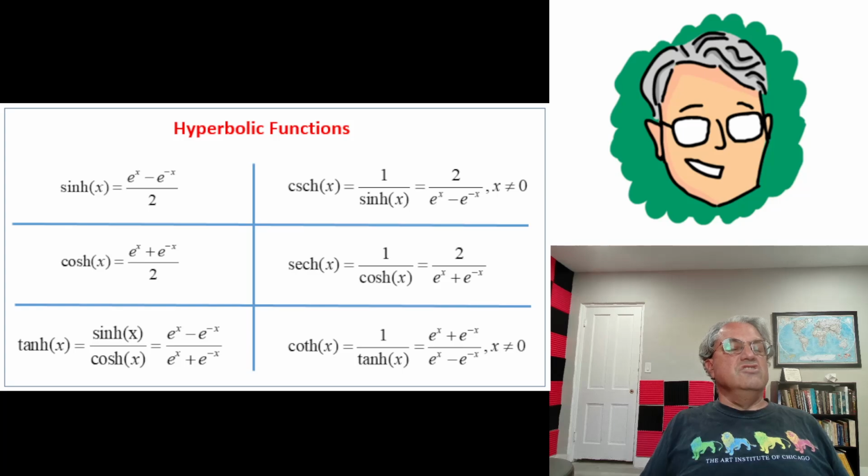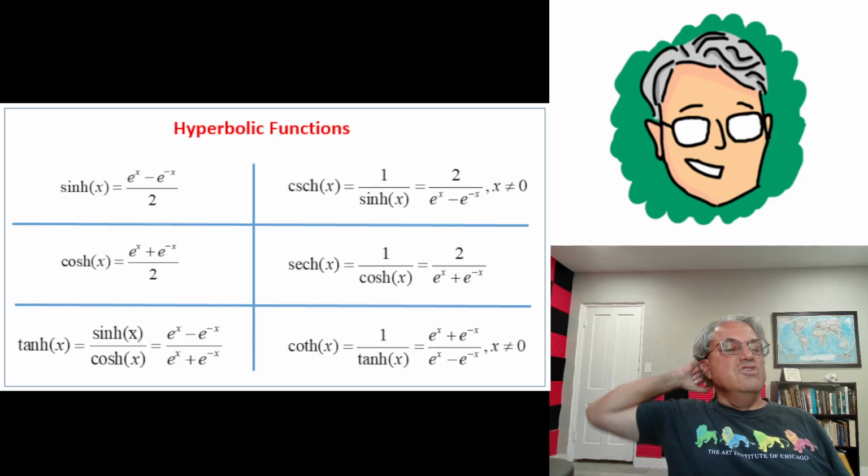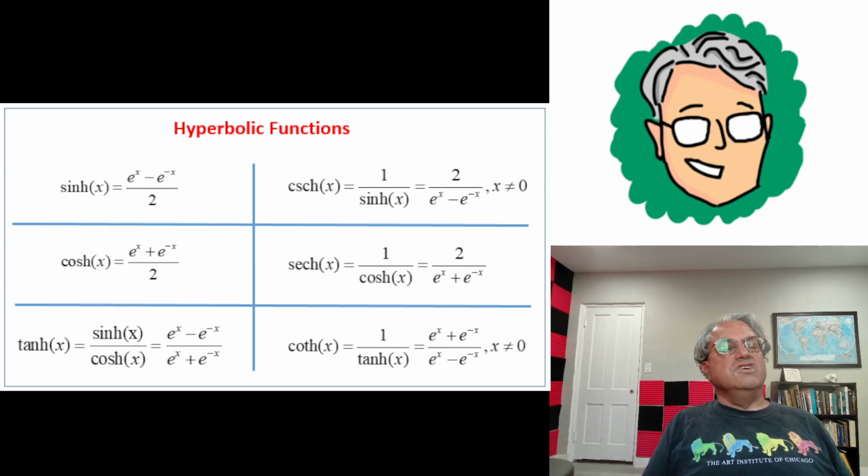For instance, I think the only 2 you really have to memorize here are sinh x, which is e to the x minus e to the minus x over 2, and cosh x, which is e to the x plus e to the minus x over 2. The others you can derive, because like I said, you can define tangent in terms of sinh and cosh, and if you use that definition, you just get the formula shown here, e to the x minus e to the minus x over e to the x plus e to the minus x.